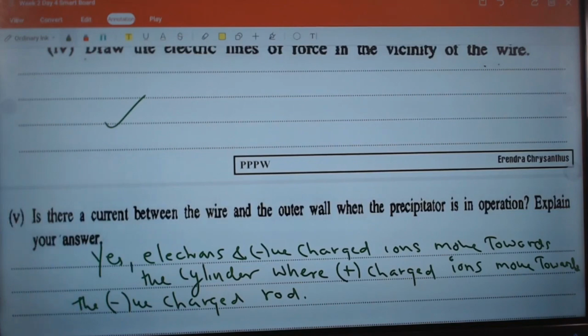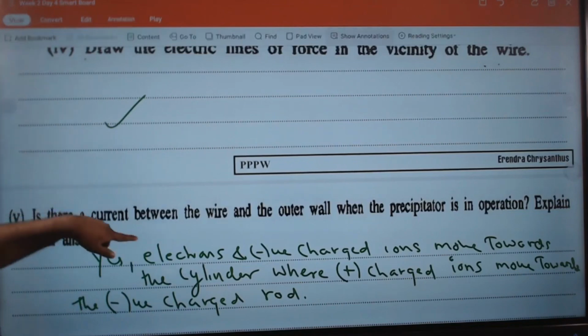So the answer is yes, you have charges moving. If you have charges moving, that will be current.